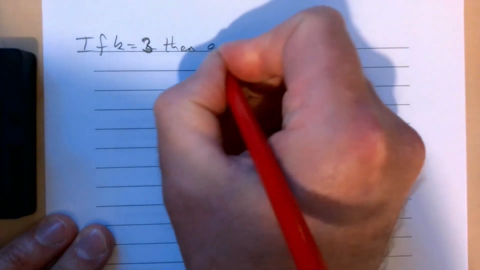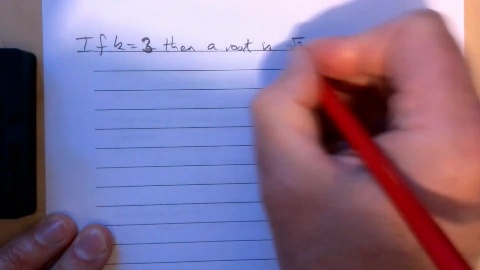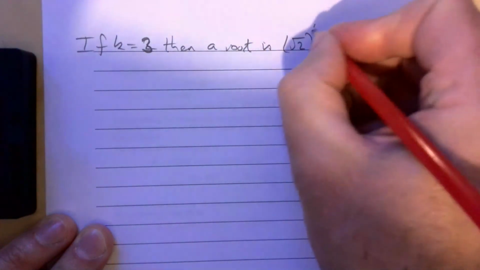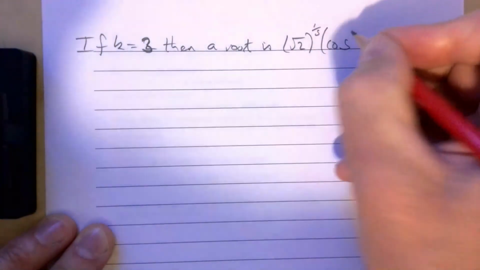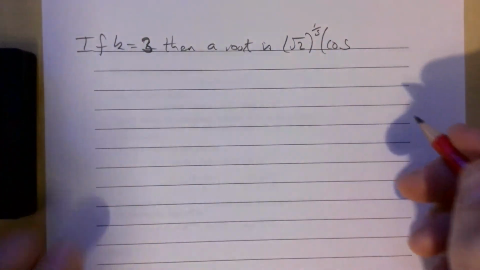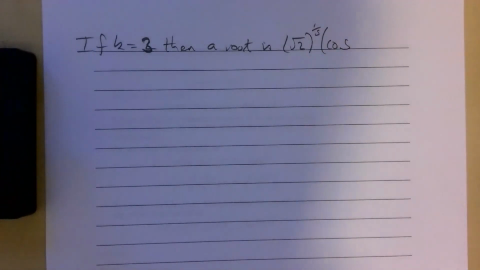If k equals 3, then a root is root 2 to the power of a fifth, because I'm putting the number 3 into it, so it's going to be 3 instead of the k.